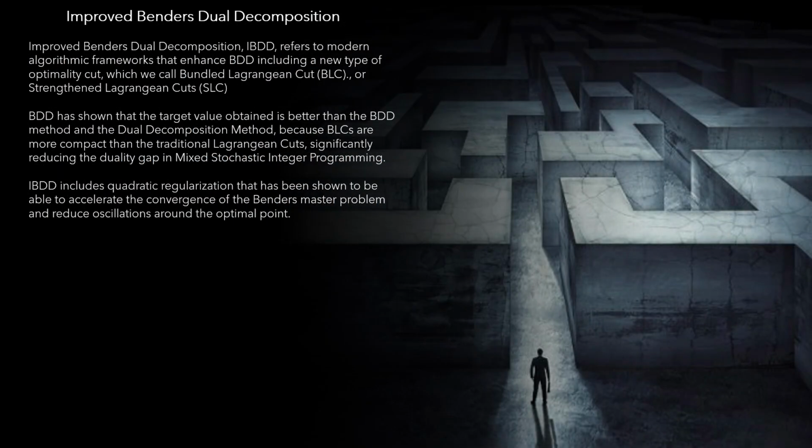Improved Benders Dual Decomposition, IBDD, refers to modern algorithmic frameworks that enhance BDD, including a new type of optimality cut, which we call bundled Lagrangian cut, BLC, or strengthened Lagrangian cuts, SLC.